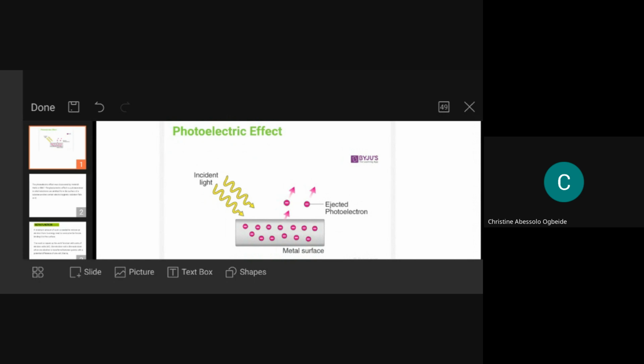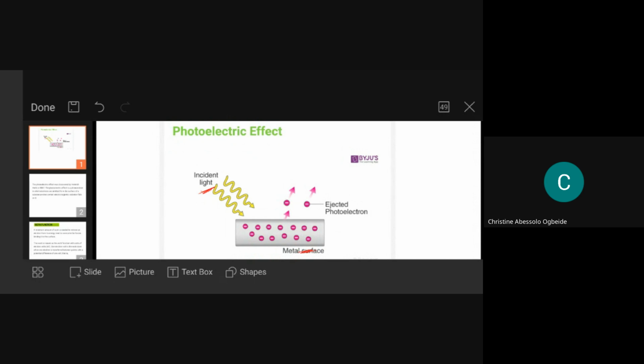Thank you. That's exactly what I want you to observe from this diagram. You can see where it's labeled incident light. That is the light, just like the sun, and this is a metal surface. Think of it as any kind of metal surface.